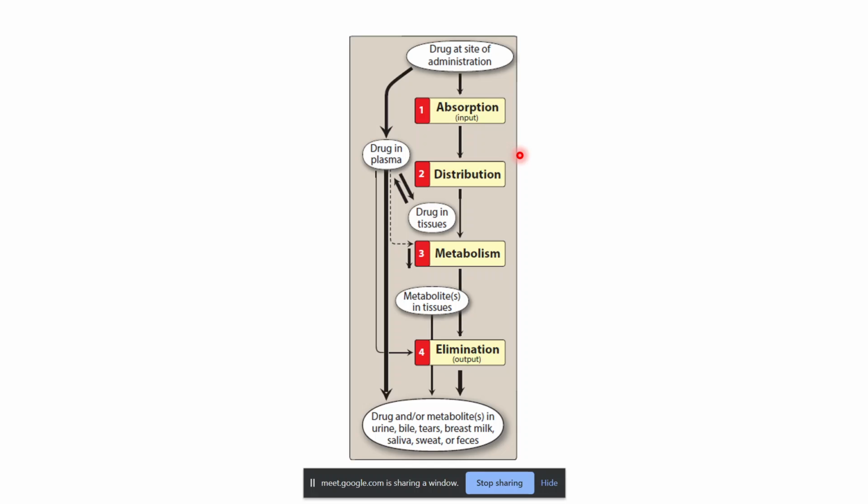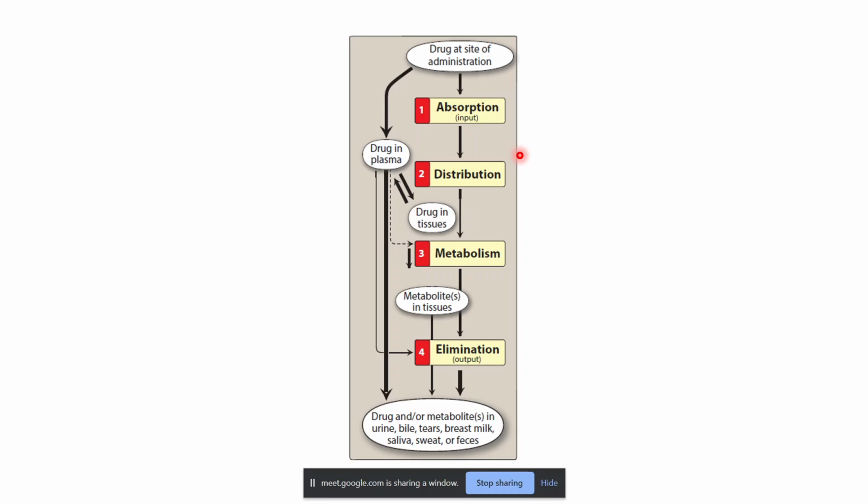Distribution is the passage of the drug from the blood to the interstitial and intracellular fluids. After the distribution, the drug will go to the metabolism, and this is the third step.